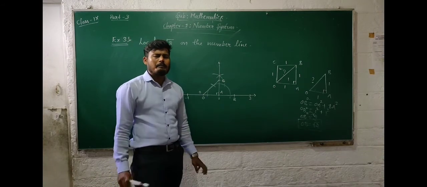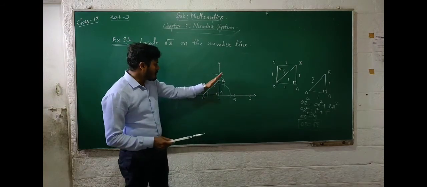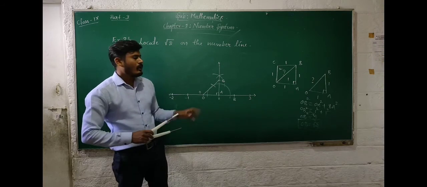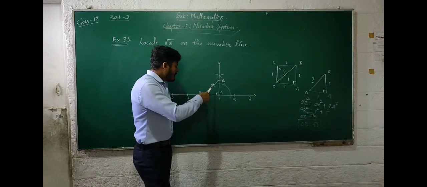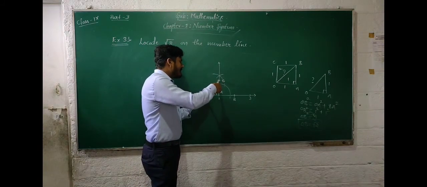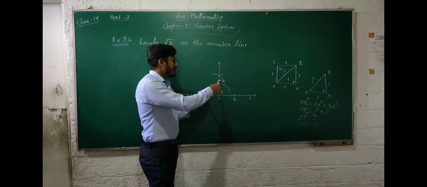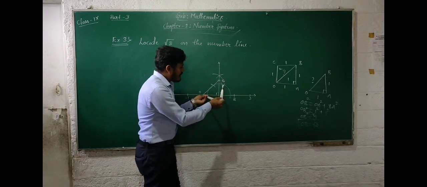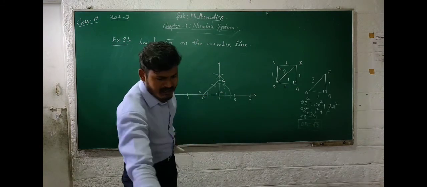Then how can we represent or locate it on the number line? It is very easy to locate or identify on the number line. Measure the length of the hypotenuse OB, then draw a dotted line which touches the number line.